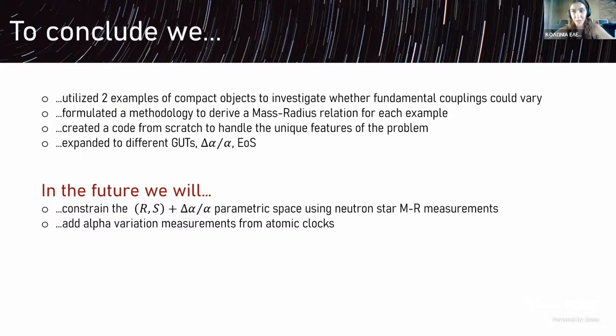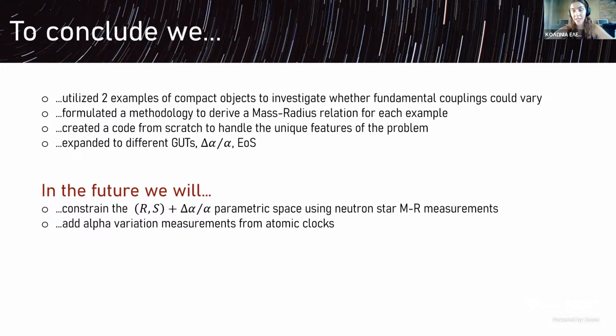And what we hope to do in the future is to constrain this parametric space, so the grand unified theory plus the scalar field parametric space, using mass radius measurements from neutron stars. And this has already been achieved with white dwarfs. So we hope to add on to that research, add on to that work.